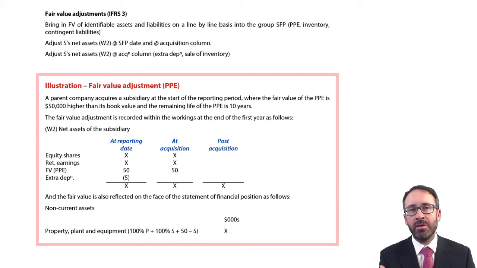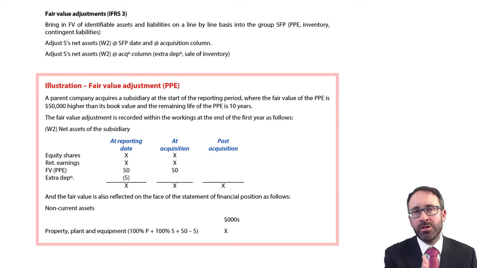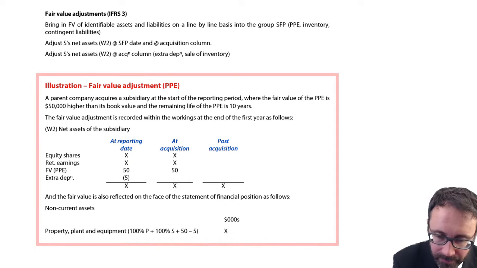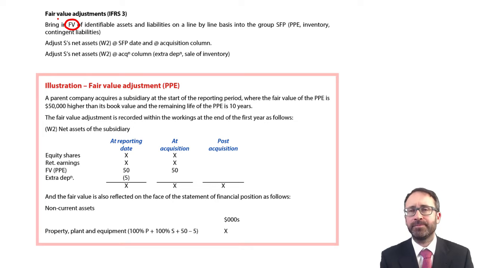And the standard states that when we consolidate those assets and liabilities, when we bring them into the group accounts, we need to reflect them in the group accounts only at fair value. We need to report the fair value of the assets and the liabilities, which will be different to the book value or their carrying value within the subsidiary's accounts.